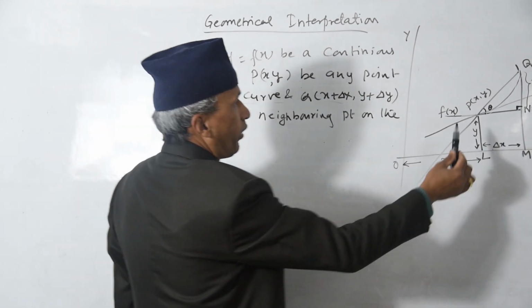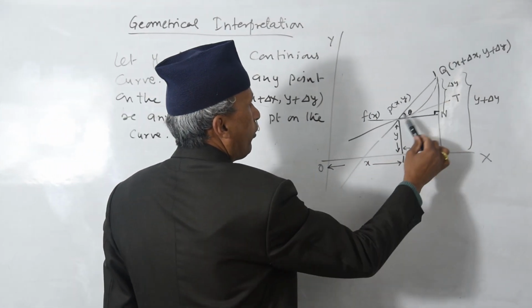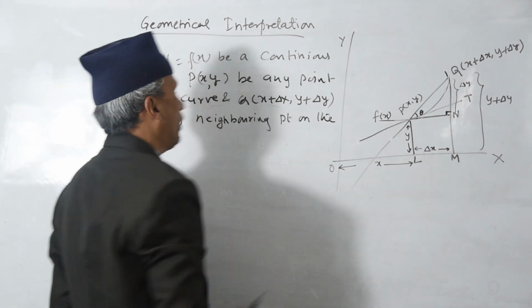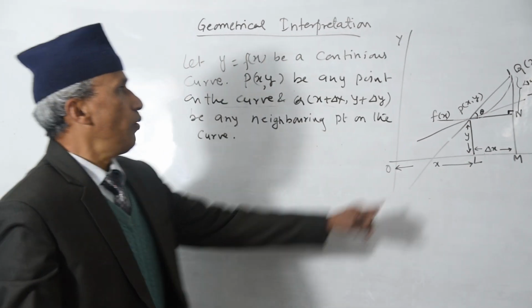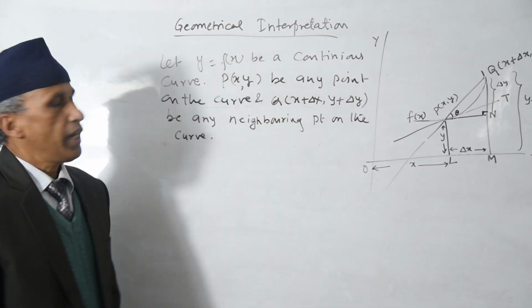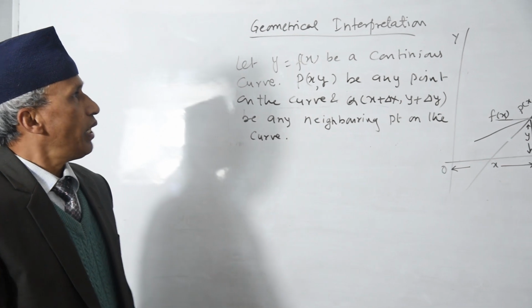Now, here is P, this is Q, this is chord PQ. So how to find the slope of the chord? You know that slope is defined as y2 minus y1 by x2 minus x1.